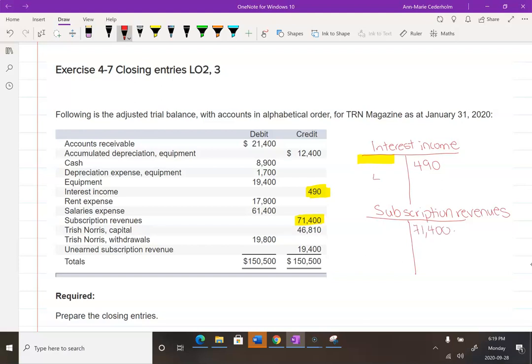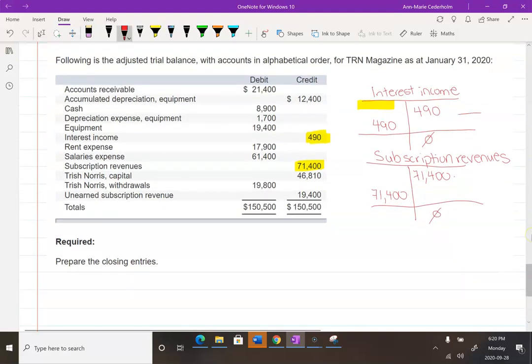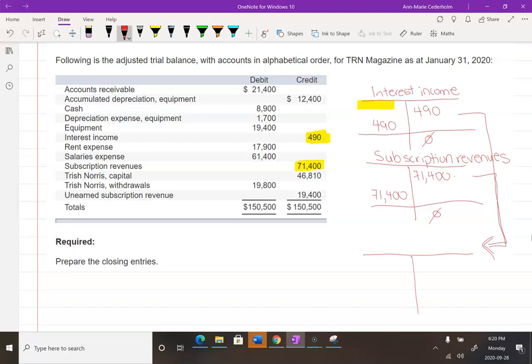And by doing that one journal entry, so here's the debit and here's the debit, now I balance out this account and it's zero. And I balance out this account and it's zero. Now where did these two amounts go? The $490 and the $71,400 went into that newly created account called income summary. And that was the $71,890.